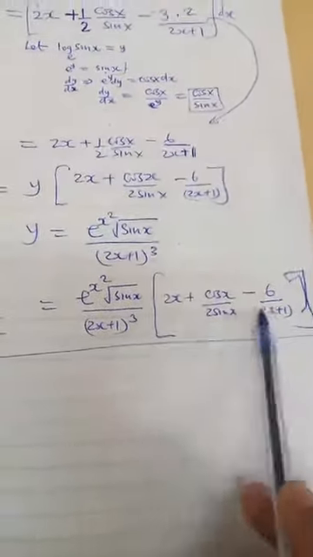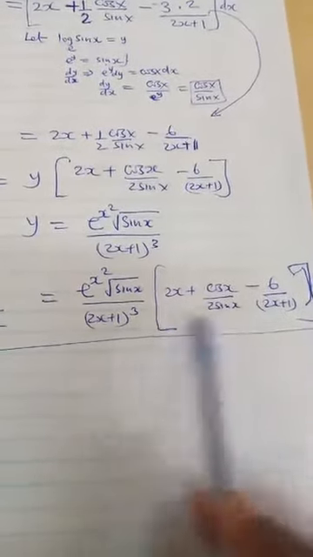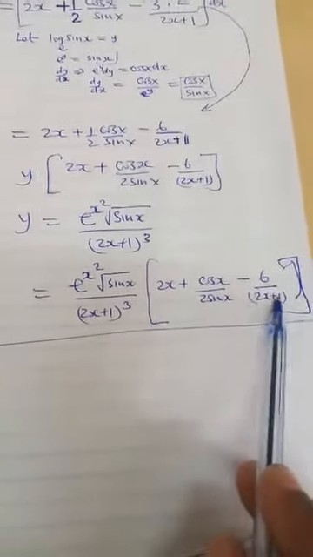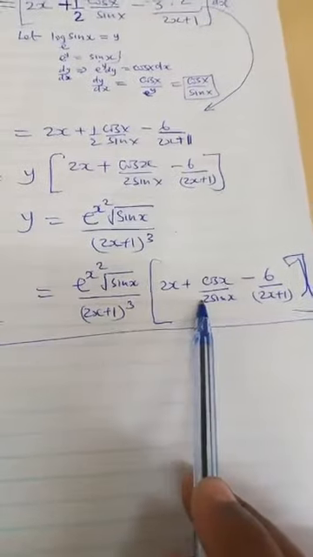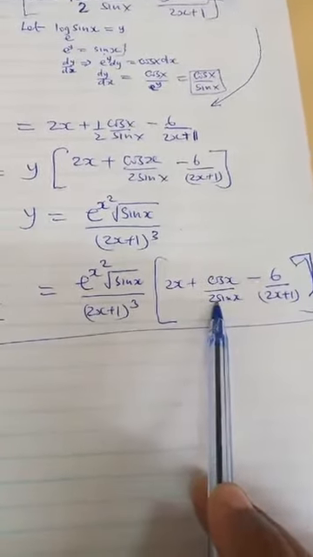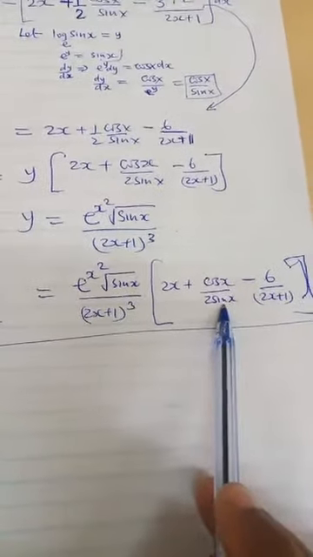If we take the LCM and pull it out, the LCM will be 2x plus 1 times 2 sine of x.